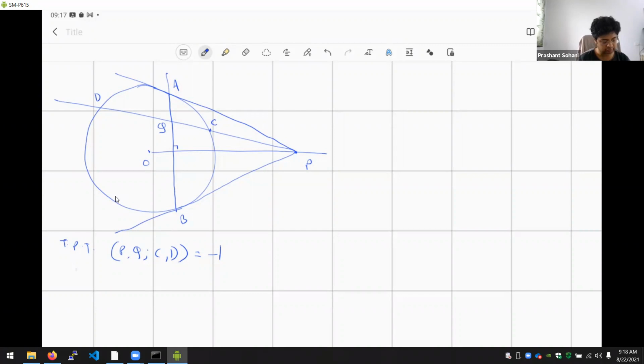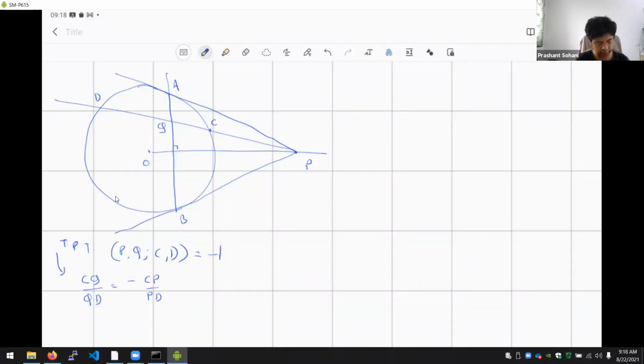But the most straightforward definition which we want to follow could be the ratio of the two segments. For example, we could be looking at CQ upon QD, and if we prove it is equal to minus CP upon PD, we are done.